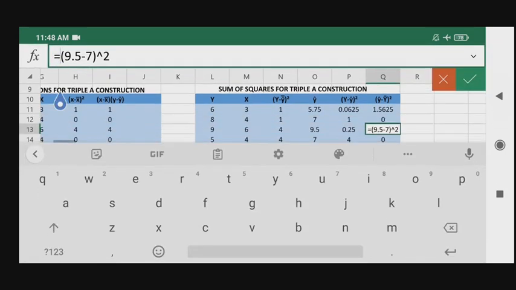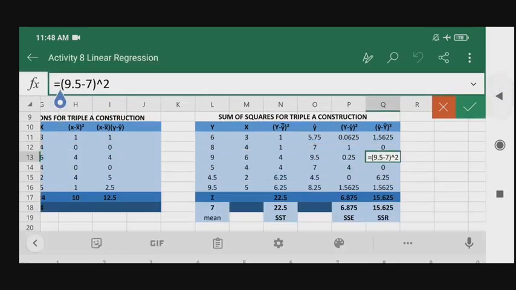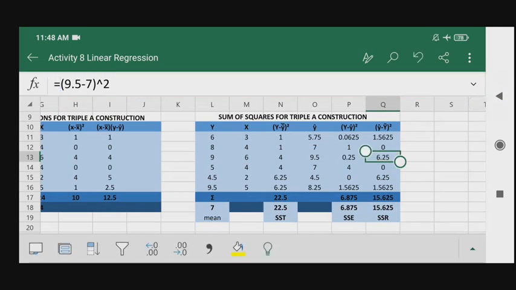Then 9.5 minus 7 squared equals 6.25. Then 7 minus 7 squared equals 0. Then 4.5 minus 7 squared equals 6.25. Then 8.25 minus 7 squared equals 1.5625.